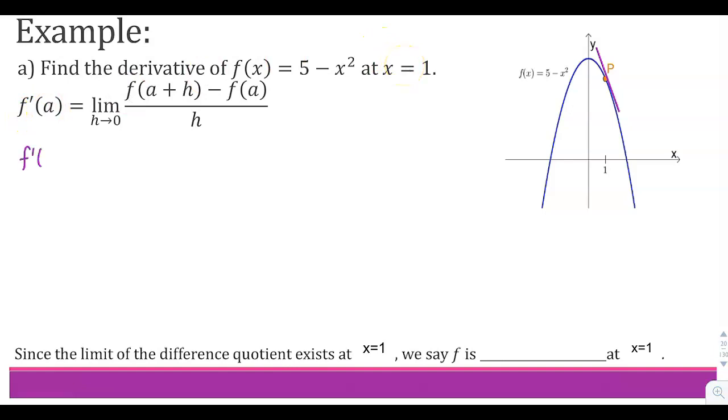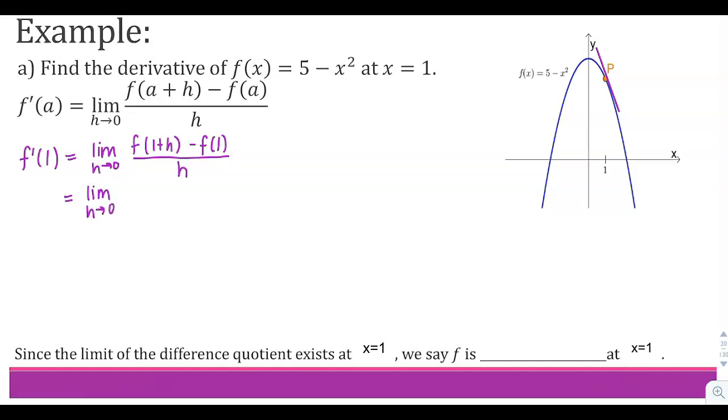We're going to do f prime of 1 is equal to the limit as h approaches 0 of f of 1 plus h minus f of 1 all over h. And then we go ahead and use the function f of x.